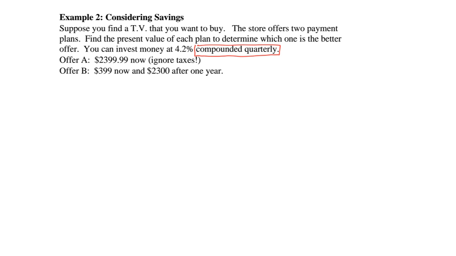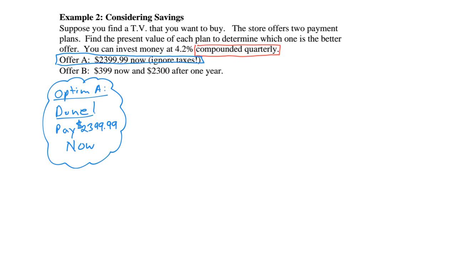Now, there are two offers. Option A, you go to the front desk and you pay for your TV right now. You're paying for your 70-inch TV right now, and that's going to be $2,399.99. Option A, done. It's literally done because we pay that $2,399.99 right now.